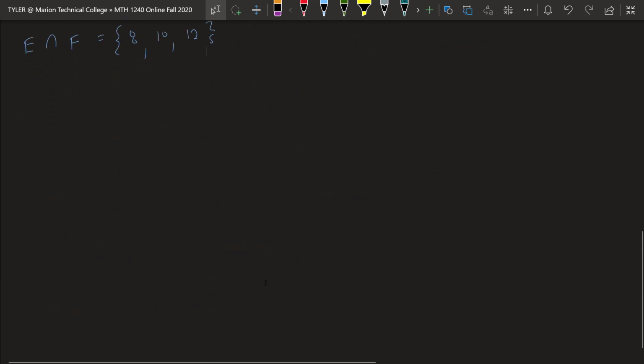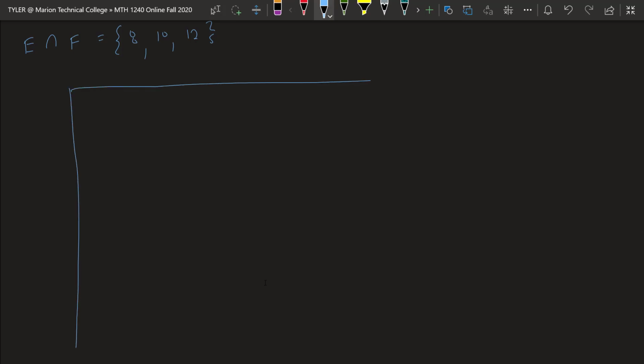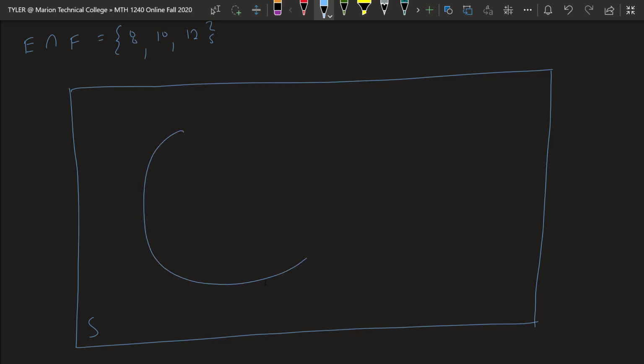What's often done when we're talking about sets is you can show a picture called a Venn diagram. If I let this be my set S, and then I draw two circles where this is E and this is F, I can fill in all of the numbers.